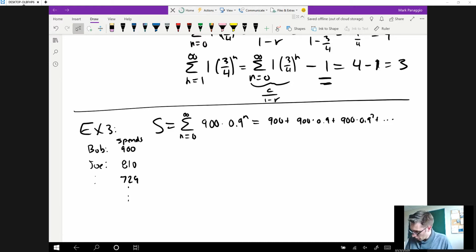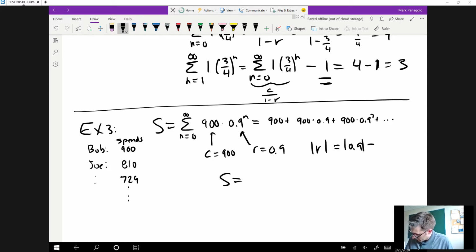And we showed that you could write this as the sum from n equals 0 to infinity of 900 times 0.9 to the n. And so our c is 900. The r is 0.9. And the absolute value of r must be less than 1 for convergence. And in this case, it's 0.9, so that's definitely less than 1.